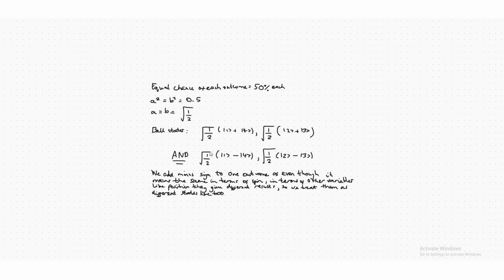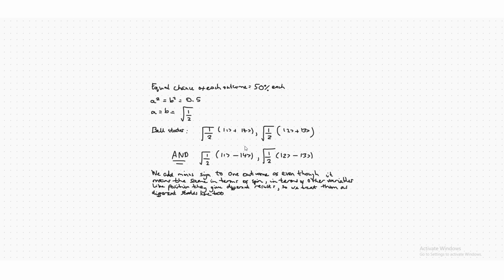But also, we have to include two more possible states where we add a minus in front of just one of these basis vectors. Now you may be wondering, well, why have we done that? Well, even though when we're talking about spin, as we are now, these both look the same, you know, if you square minus 1 over root 2 and plus 1 over root 2, you get the same probability for the fourth basis vector.